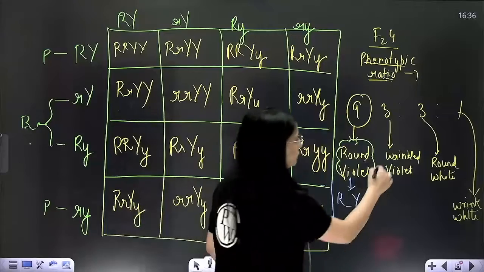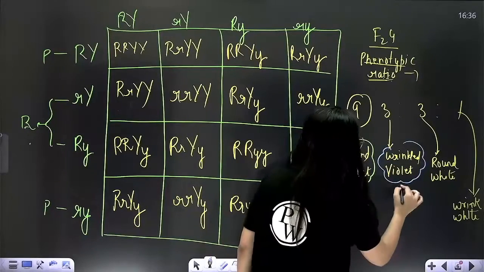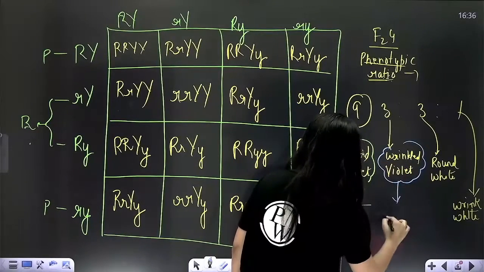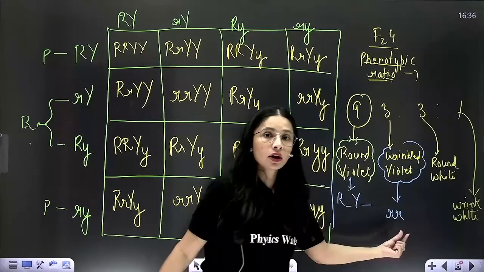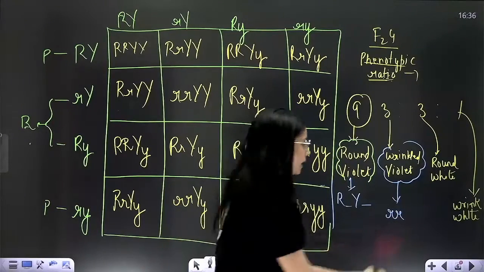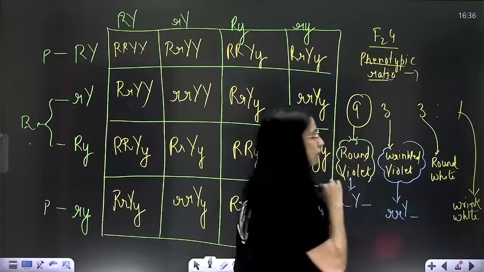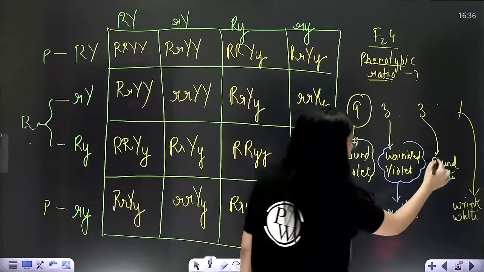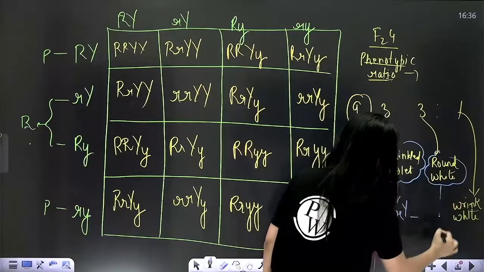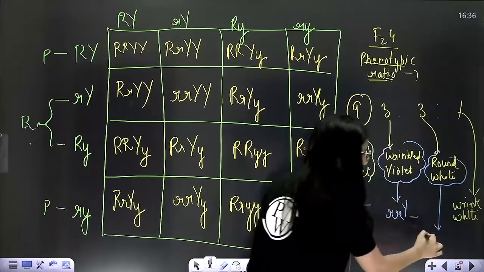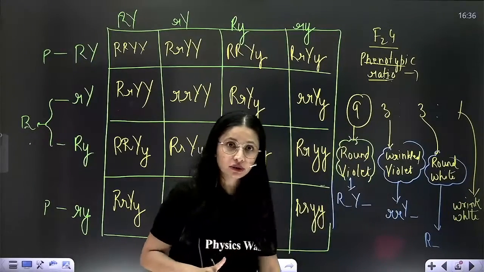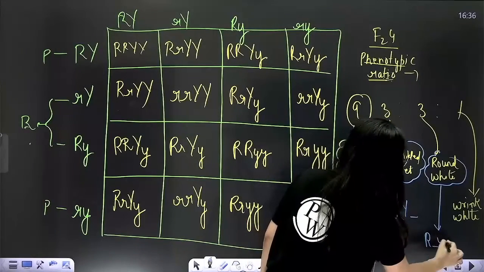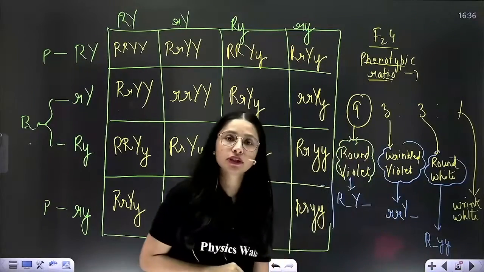For the remaining 3, beta, the genotype which we are going to consider is homozygous recessive R, whereas Y is dominant, may be homozygous dominant or heterozygous. For the next 3, we are going to consider R in heterozygous state and Y in homozygous recessive genotype.